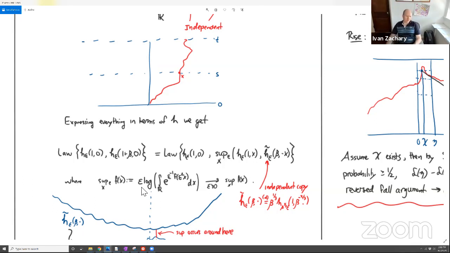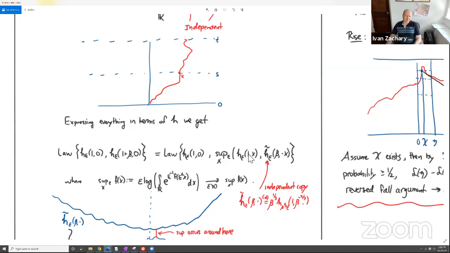Now, the sup epsilon is basically a soft version of taking the sup of a function. It's the logarithm of the integral of the exponential. If you look at what happens as epsilon goes to 0, this exactly converges to the sup of the function f. So for all purposes, I'm just going to imagine replacing this sup epsilon by just the sup, and let's just think about this.